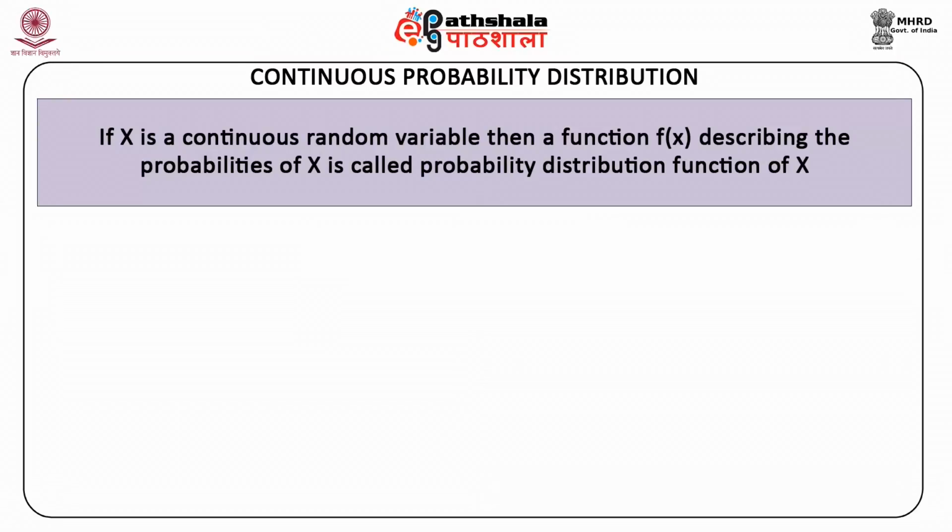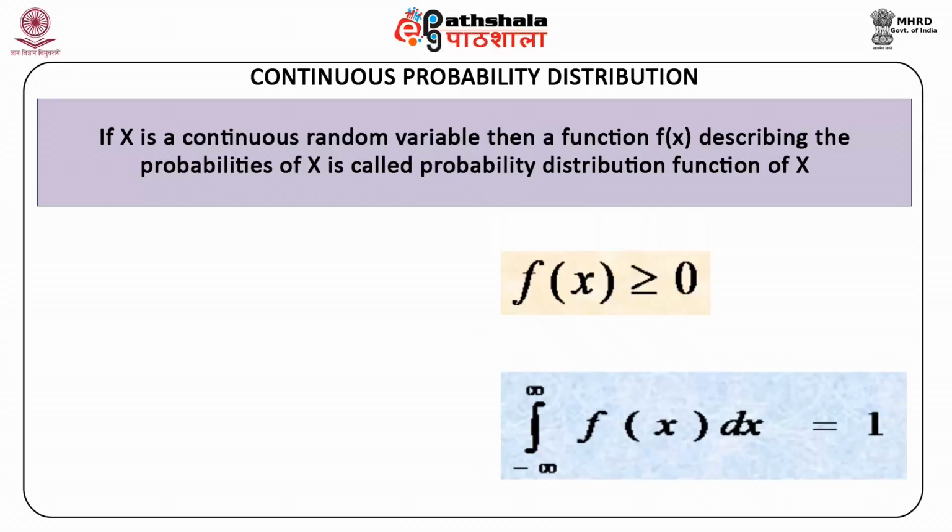If x is a continuous random variable, then a function f(x) describing the probabilities of x is called probability distribution function of x or probability density function. The following are the properties of probability density function of x. f(x) greater than or equal to 0 and integral from minus infinity to plus infinity f(x) dx is equal to 1.